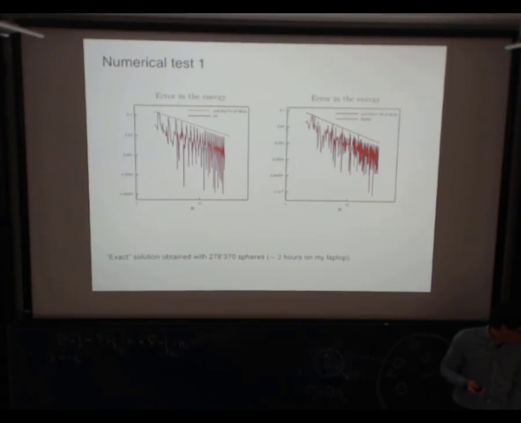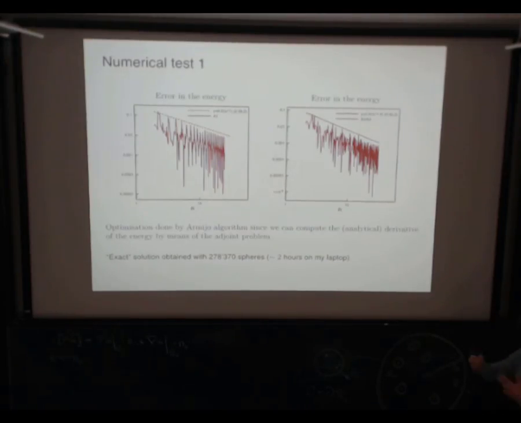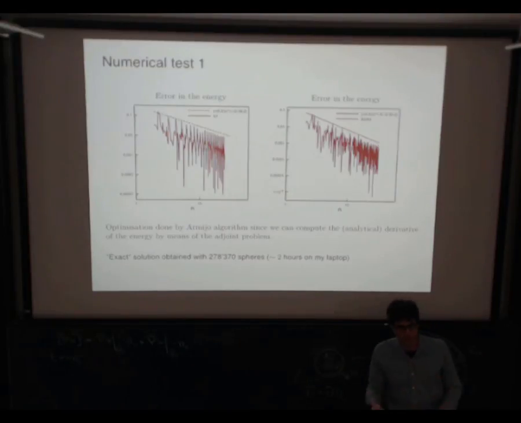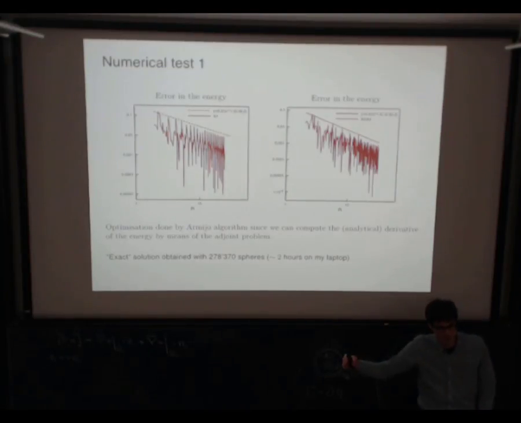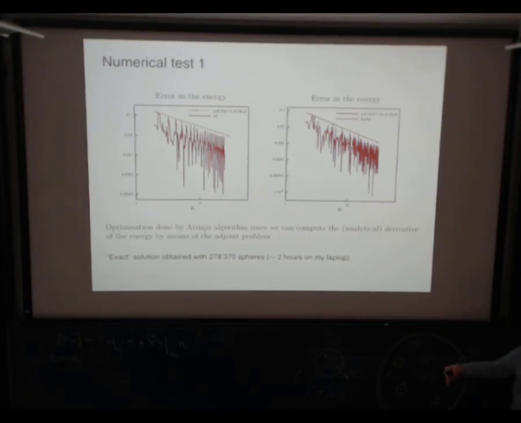I should mention that we need to solve an optimization problem, right? Because we have a concave energy functional where we look for the coefficient, and you can use a gradient-based algorithm, since this whole methodology also allows computing derivatives with respect to the actual homogenization coefficient.